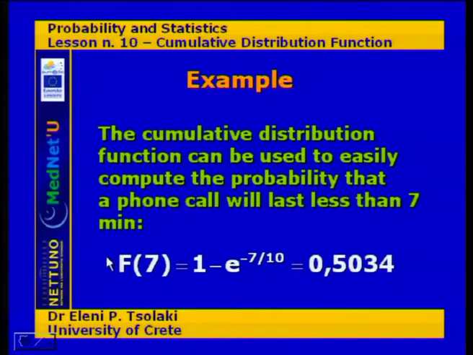We can use the cumulative distribution function and find that F of 7, if we replace x with 7 in the formula, gives a probability of 0.5034.